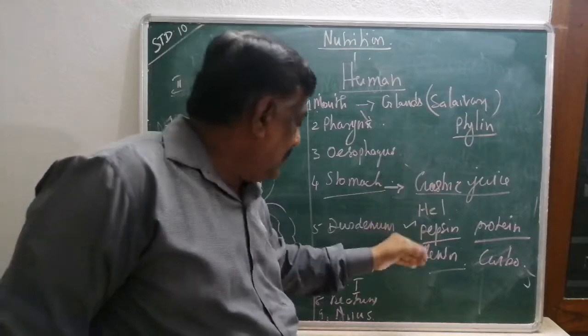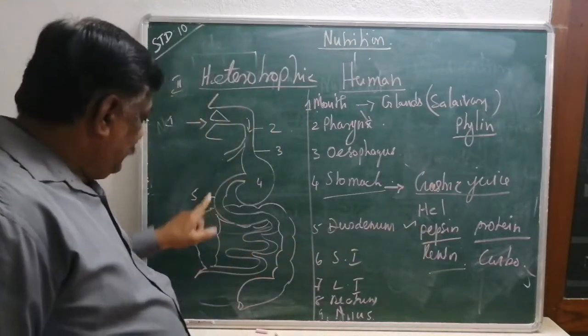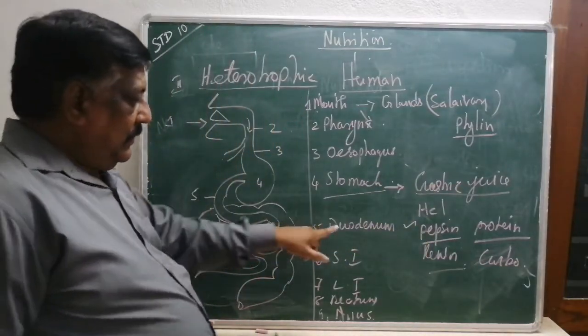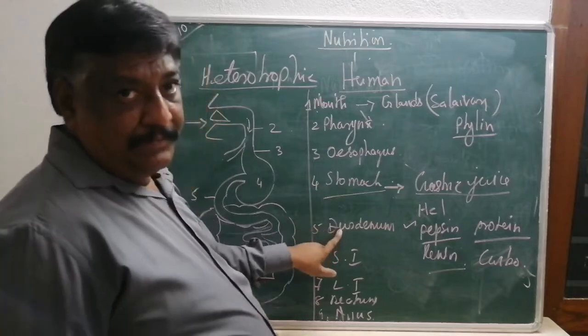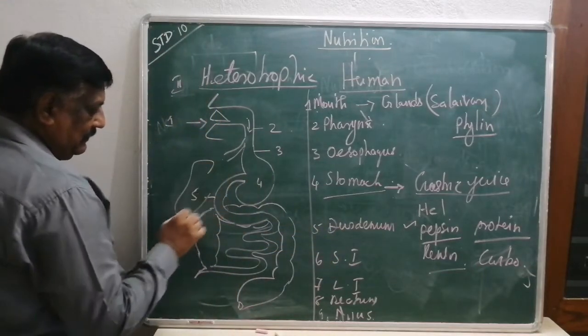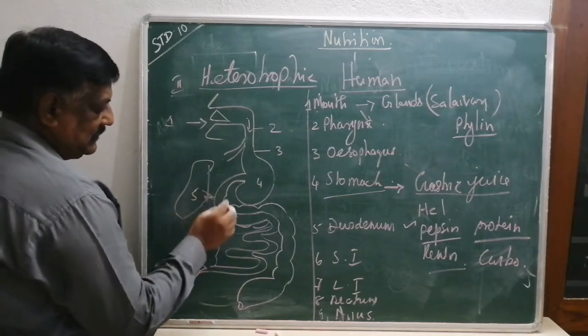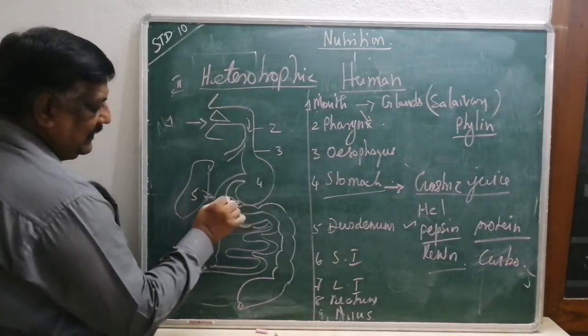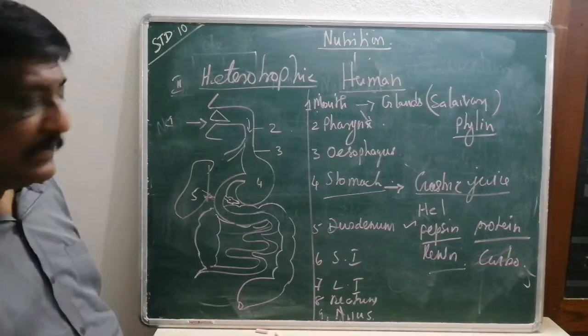Okay, from the stomach the food passes into a U-shaped tube, that is called the duodenum. The duodenum is connected with the liver as well as the pancreatic gland.